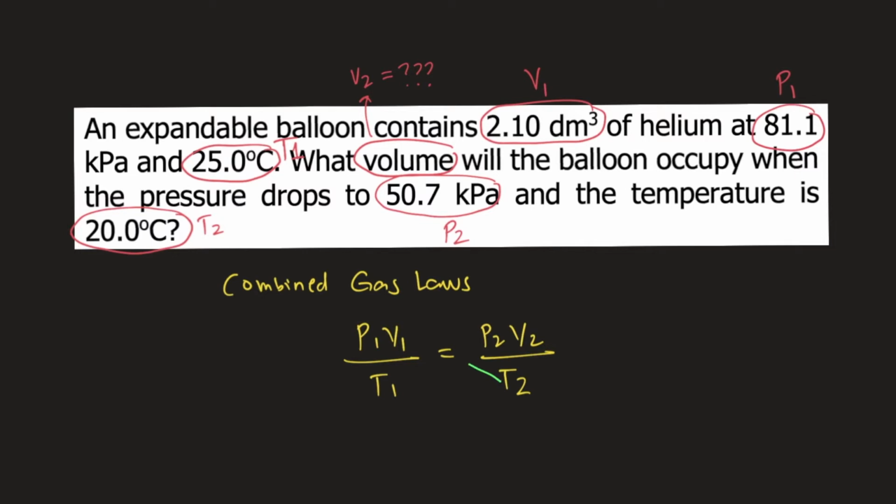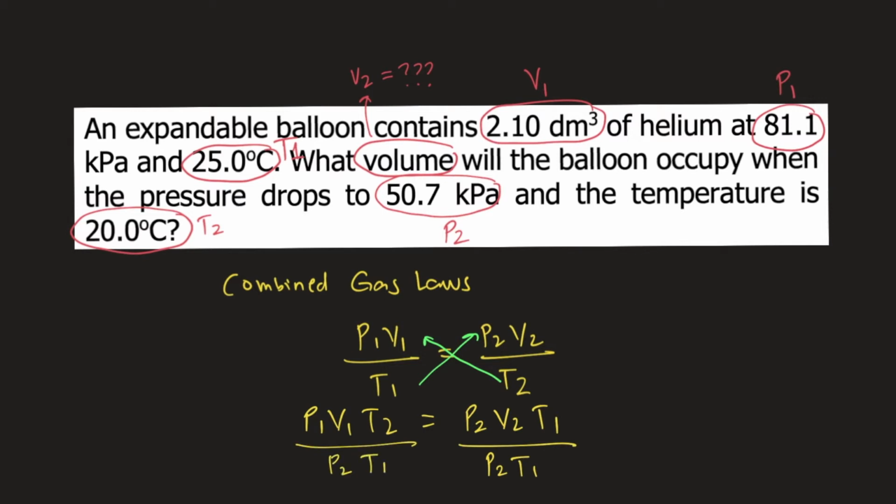If you do cross multiplication, your equation would become P1 V1 T2 is equal to P2 V2 T1. To solve for V2, you divide both sides by P2 T1.